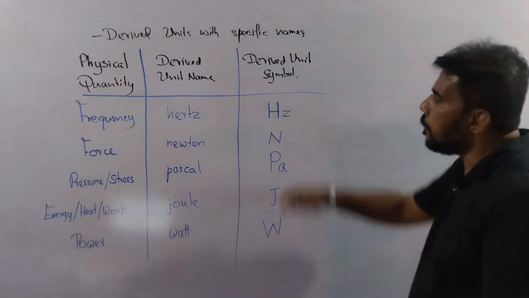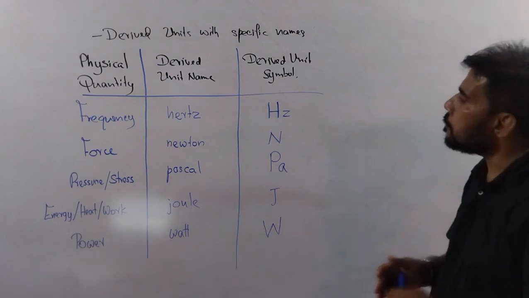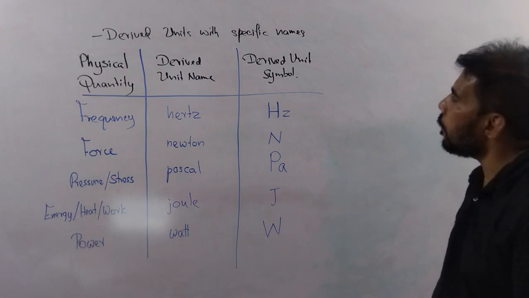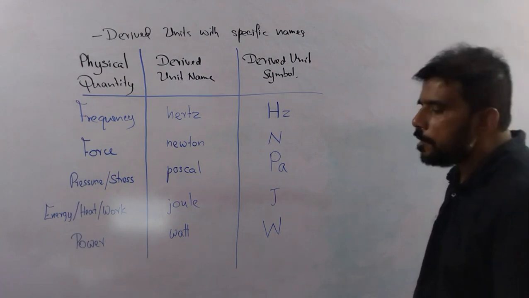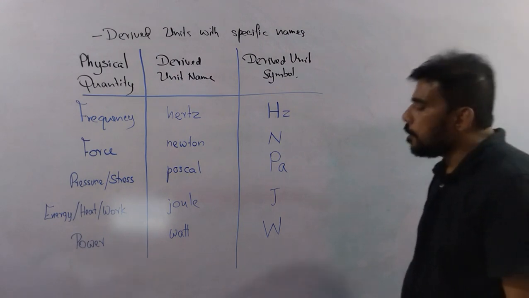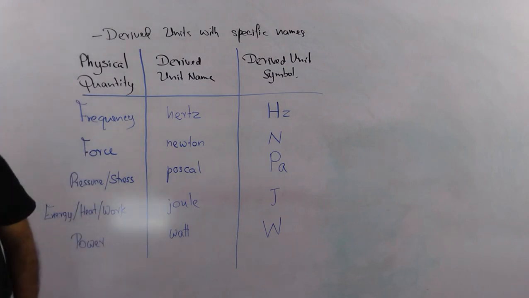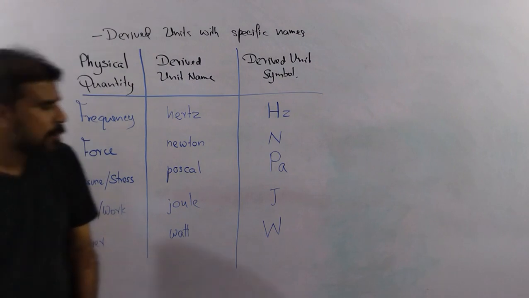Those are a few examples of units which come with specific names, especially scientists' names. Copy this. There are more, not only these, but as an introduction I gave you these.